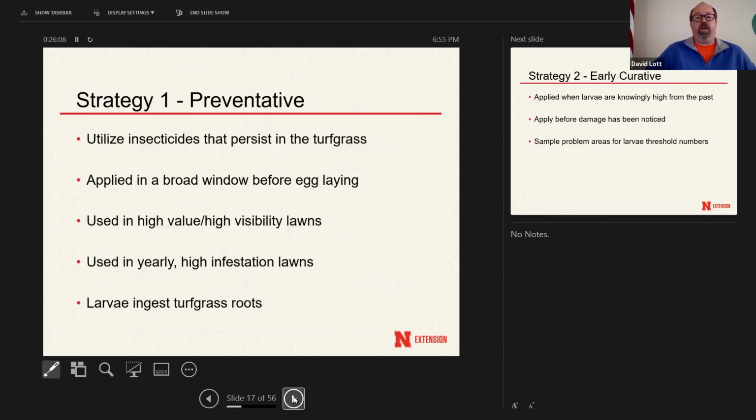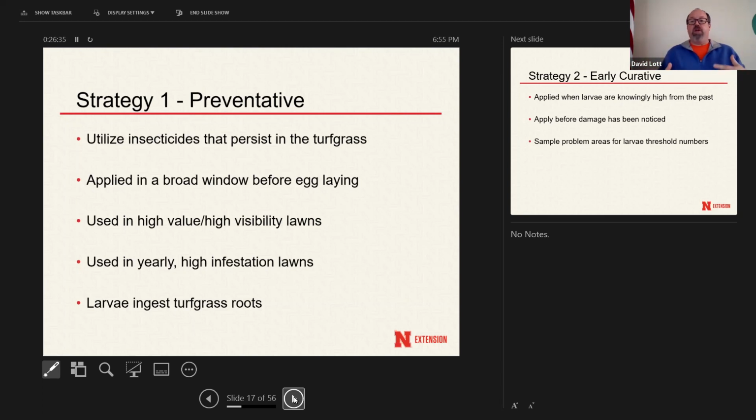You're sampling and you find out that you have a continuous problem in an area. So strategy one is using a systemic insecticide that you apply to the lawn, which can be granular or liquid, depending on the product. And it's a broad window, starting in May and June, where the eggs are being laid.